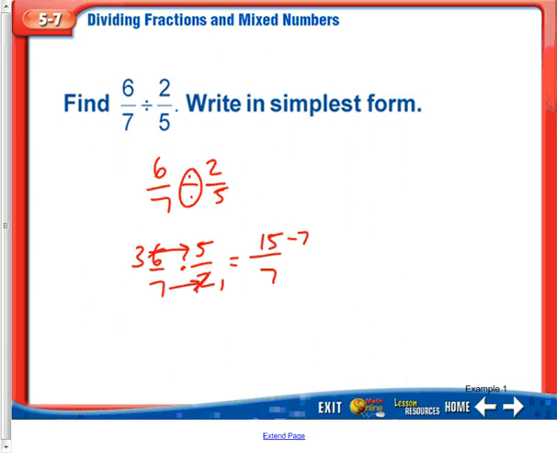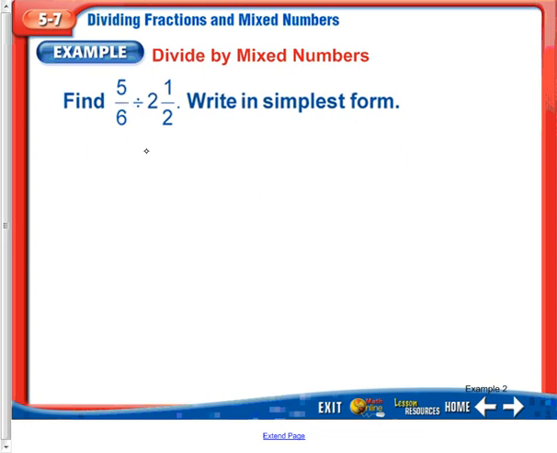Now I'm going to subtract 7, which makes a whole. Actually, I'm going to change that. I'm going to subtract 14, because 14 would be 2 of those, so 7 times 2 is 14. And I'm going to have 1 left. So I have 2 whole and 1/7 left. The 14 made 2 whole rather than just 1 whole.